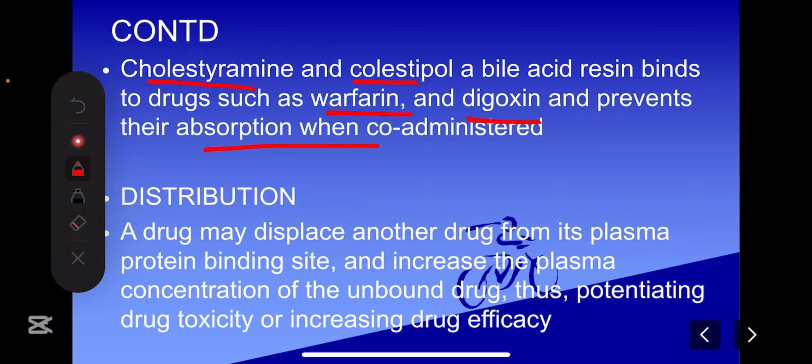So when they are co-administered, the absorption of warfarin and digoxin is altered. That's drug-drug interaction. Absorption drug-drug interaction. That's pharmacokinetic drug-drug interaction. Let's go to distribution. Now, it is important to know for distribution that for a drug to be distributed, it binds to plasma proteins.